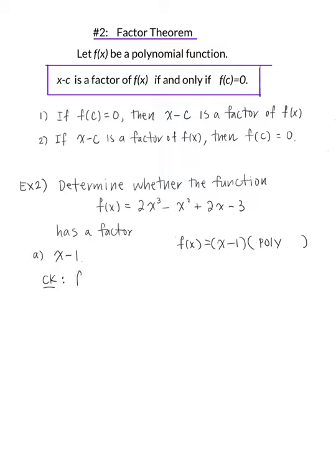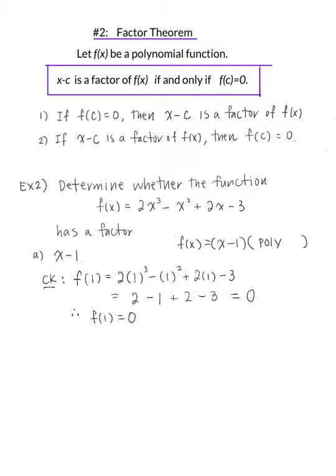All right, so f of 1. Okay, ready? So we're going to have 2 times 1 cubed minus 1 squared plus 2 times 1 and then minus 3. So that's 2 minus 1 plus 2 minus 3. So, yay, that's going to go to 0. So look at it. We have f of 1 equals 0.